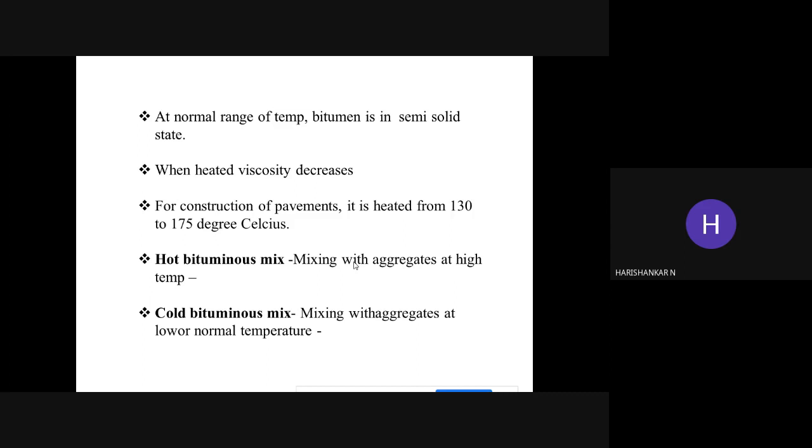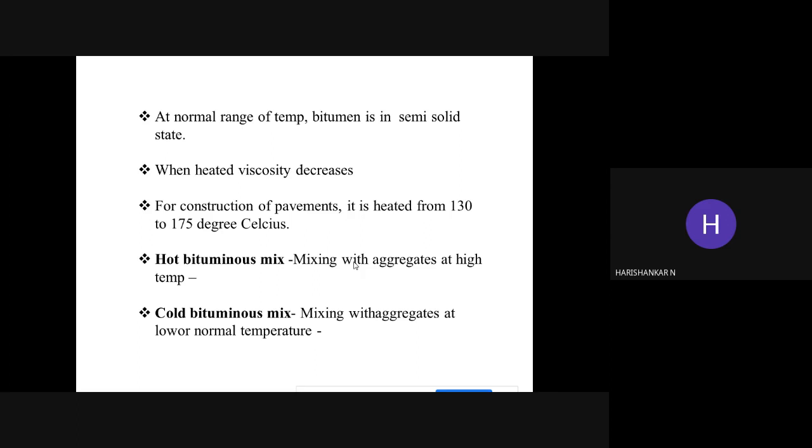Then the temperature slowly decreases, so the thin coating becomes permanent. If the aggregate has that coating, then the individual aggregates will combine together, because all the aggregates have that bituminous coating. In that way the aggregates get combined, and we get a dense thick pavement layer. That is the process going on here.